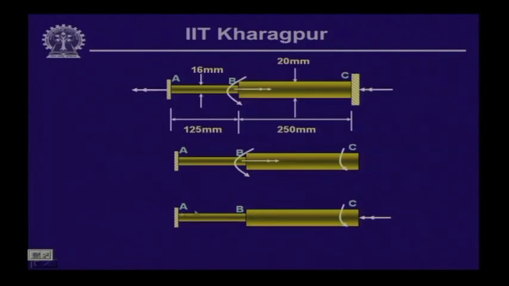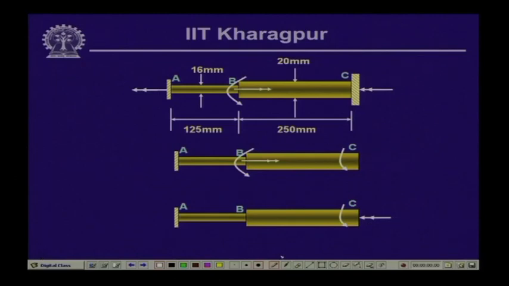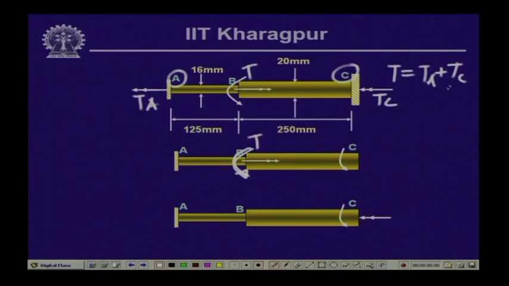Now, let us look into this free body diagram. If we take the free body of the shaft, the twisting moment that we will have to evaluate is T, which is acting at B, and the resistive twisting moments at ends A and C, say T A and T C. Then our equilibrium equation gives us that T is equal to T A plus T C. Please note that this twisting moment acting here is a positive twisting moment.